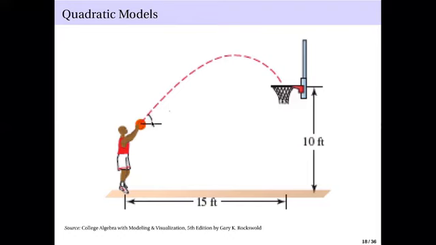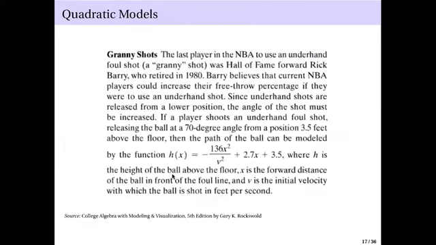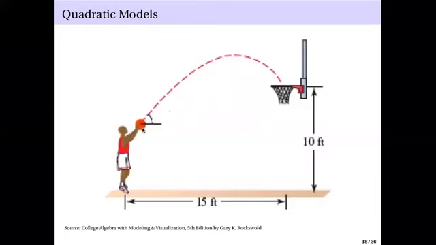According to this problem, x is the forward distance of the ball in front of the foul line, so the distance will be from this guy here going to the center of that ring. So just the horizontal part in here.